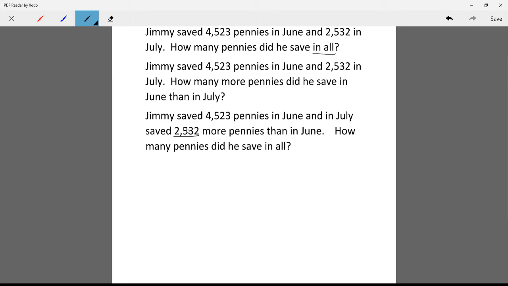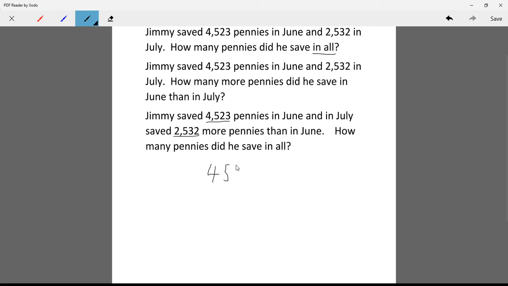We know it's this amount more than this number, right? But it doesn't give us the exact number yet. So we need to figure out how many he saved in July, and to do that you have to add these two numbers up, because if he saved 2,532 more than what he saved in June, then it would just be what he saved in June plus that number to figure out how much he saved in July.